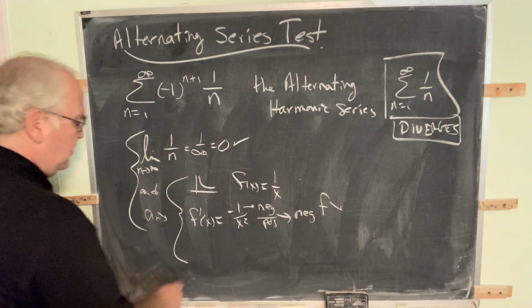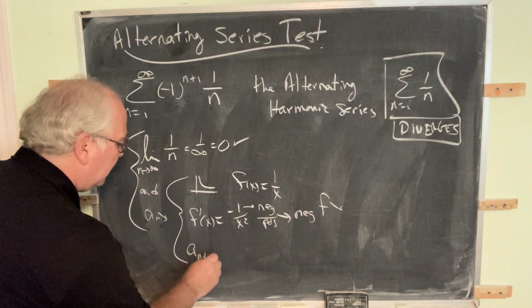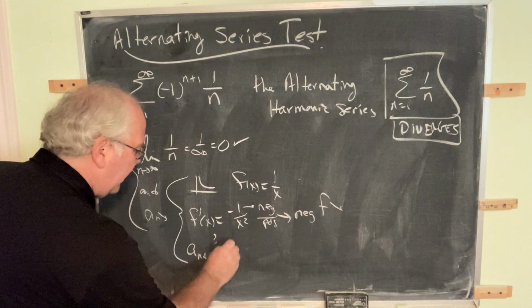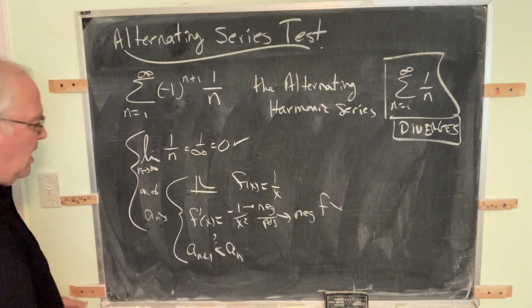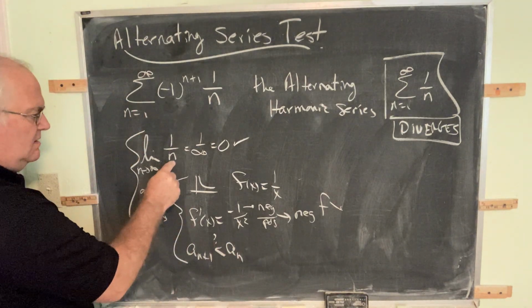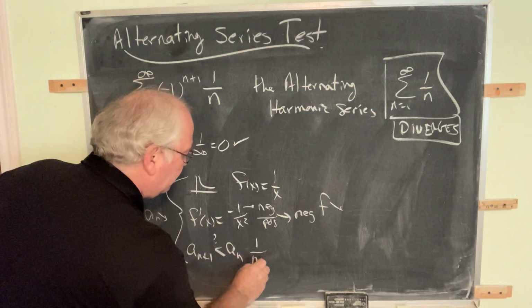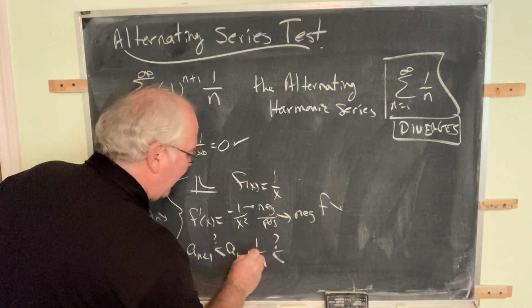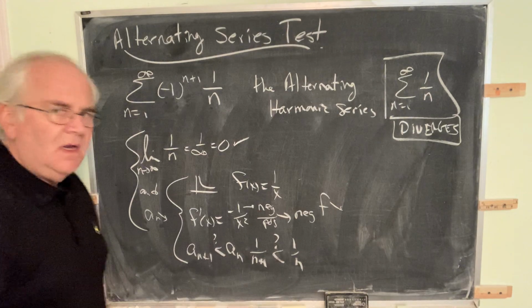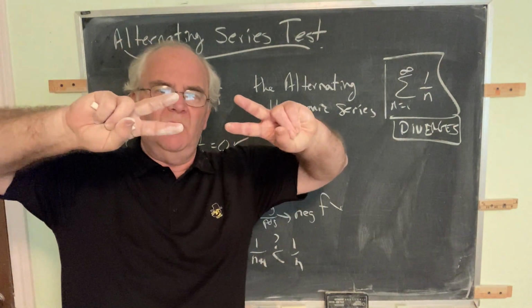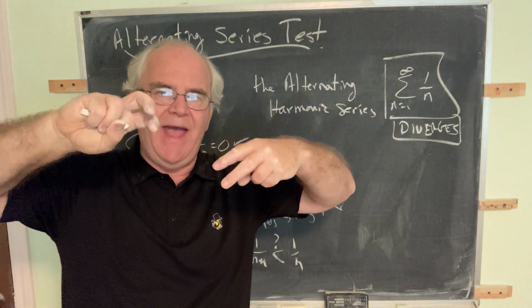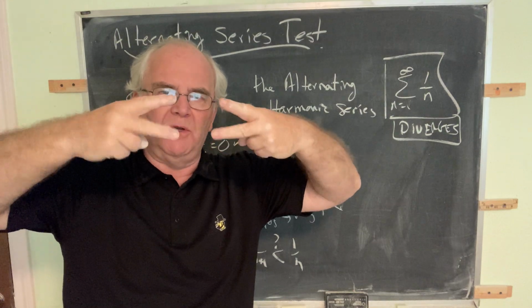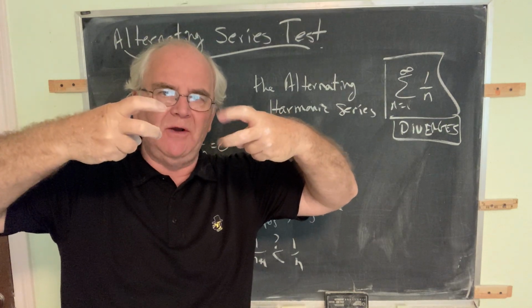Another way we know this is decreasing is if I take a sub n plus 1, is that less than a sub n? Well, what is a sub n plus 1? This is 1 over n plus 1. Is that less than 1 over n? Now, one property says when you invert two fractions, if a is less than b, when you form the reciprocals, this side is now greater than this side.